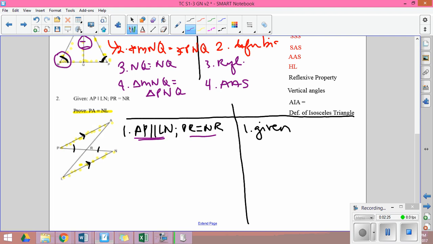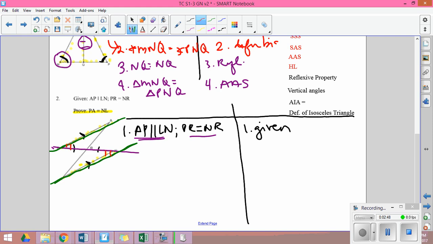That's the other thing that can be present in this picture. So if I come in and I mark my transversal, and then I come in with a different color and I mark my parallel lines, it becomes clear that I have alternate interior angles.